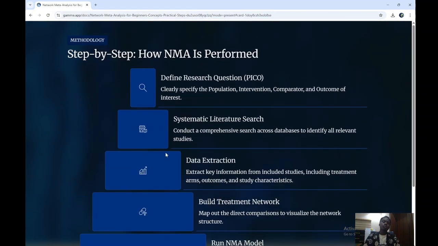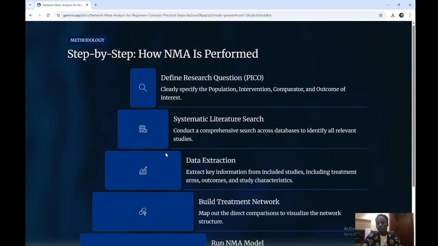Now, we're going to look at the steps for you to perform a network meta-analysis. This is not different from what we do in a systematic review or a meta-analysis, where you start by defining your research question. It's very important to understand that whenever you're performing a network meta-analysis using an intervention effect estimate, a research question model that is usually suitable is what we call the PICO model.